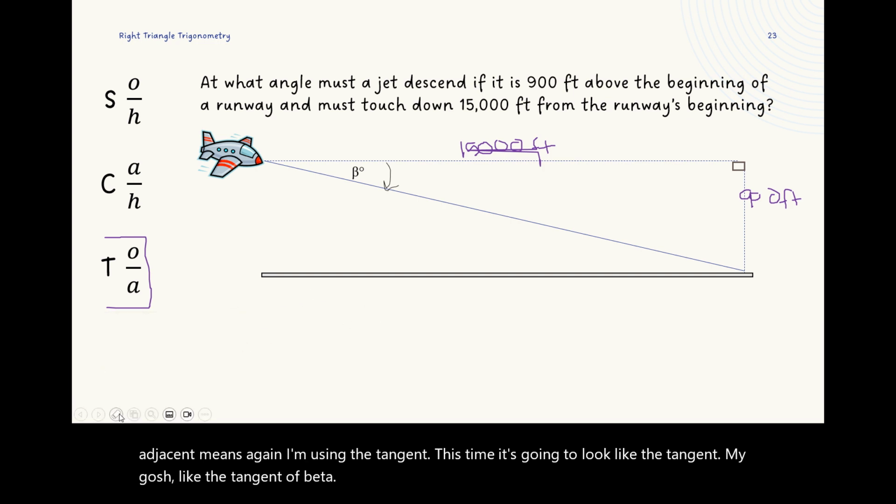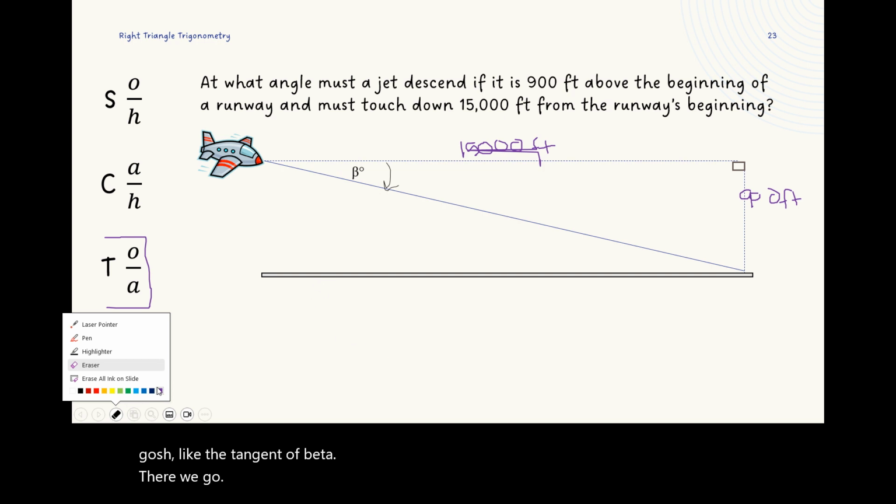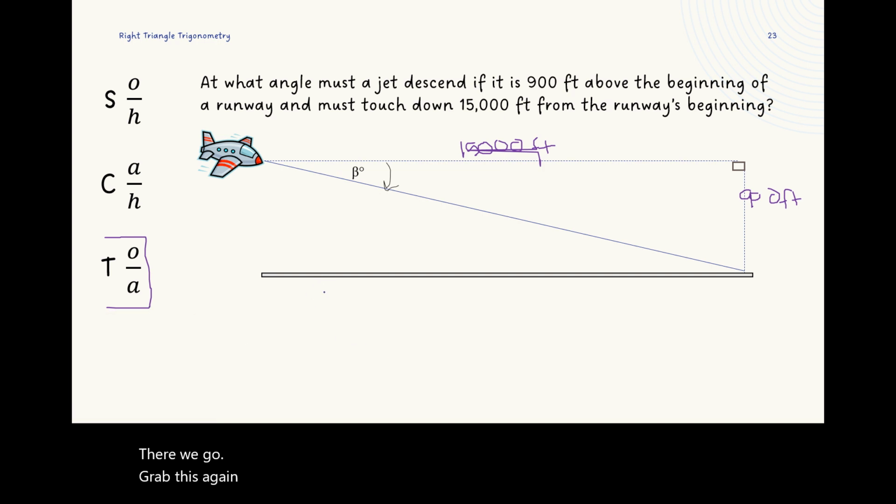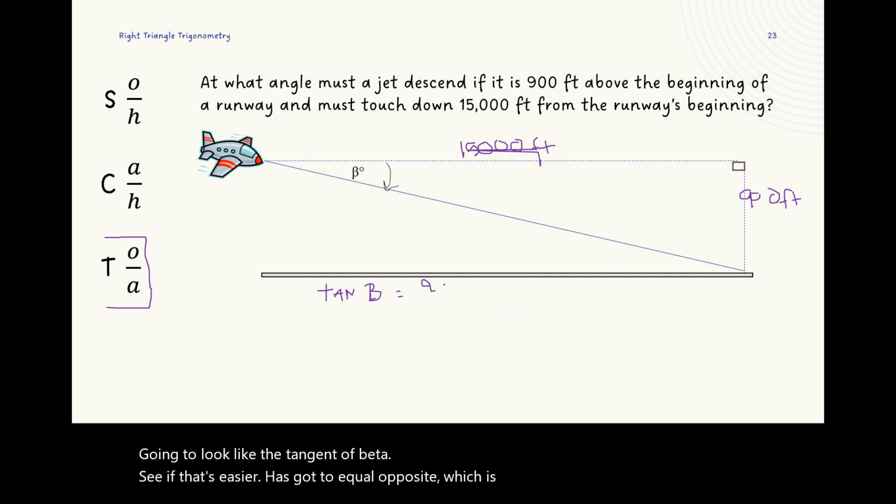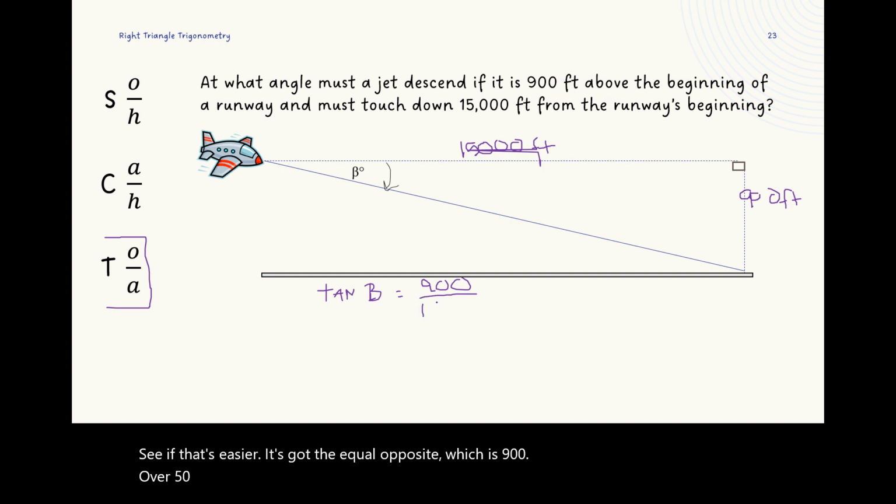There we go. It's going to look like the tangent of beta equals the opposite, which is 900 over 1,500. So I need to find beta.